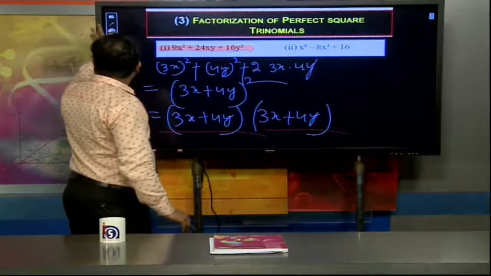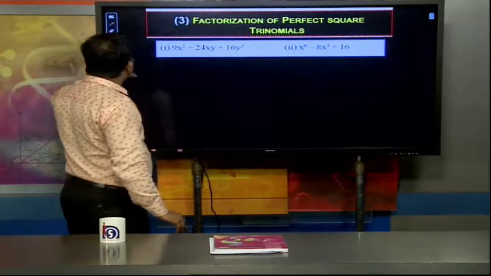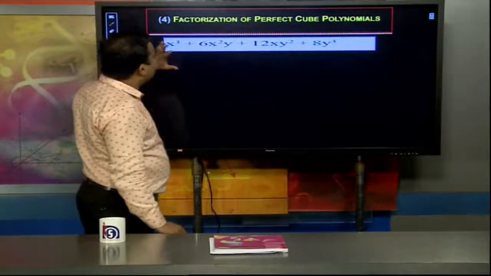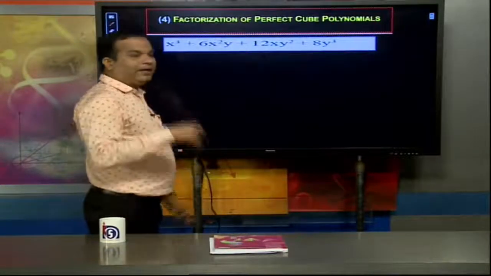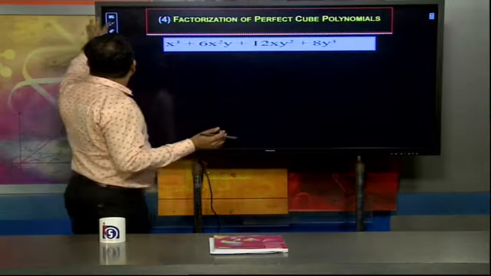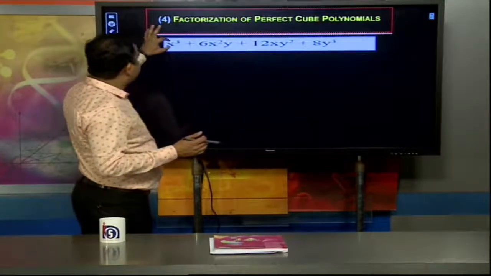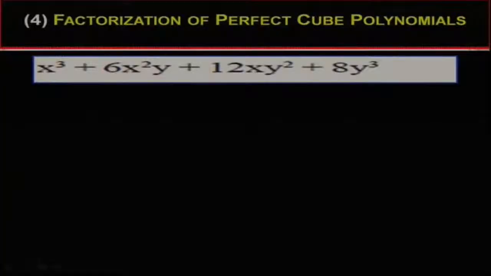Now, we will move to another technique that is very important, which is called factorization of a perfect cube polynomial. Perfect cube, the cubic form will come. How is it? You would see x cube plus 6x square y plus 12xy square plus 8y cube.